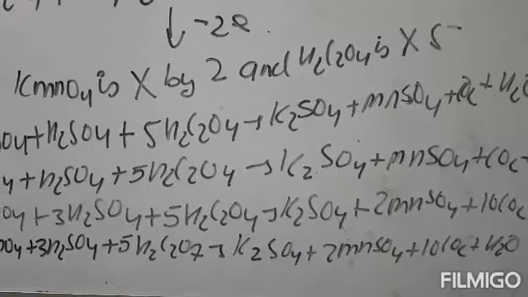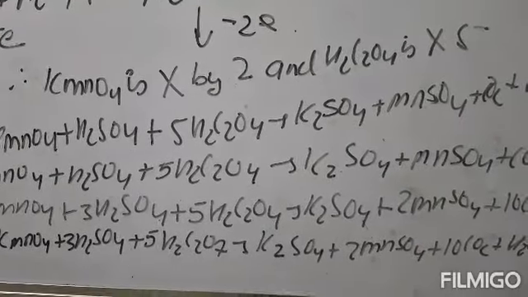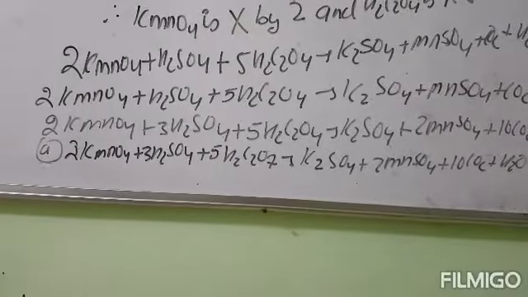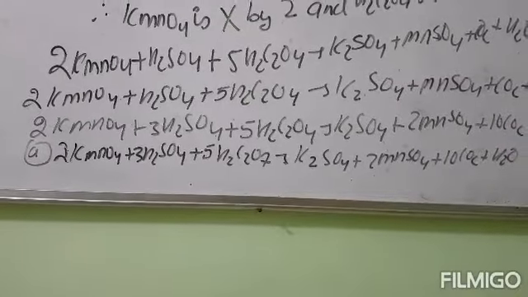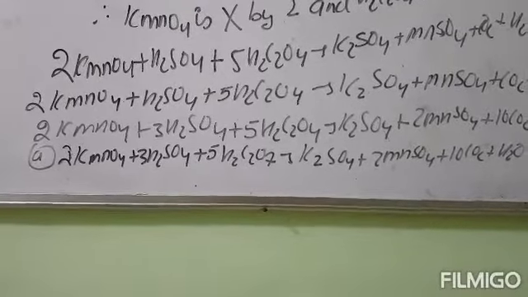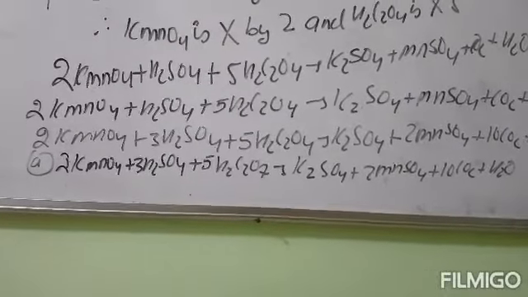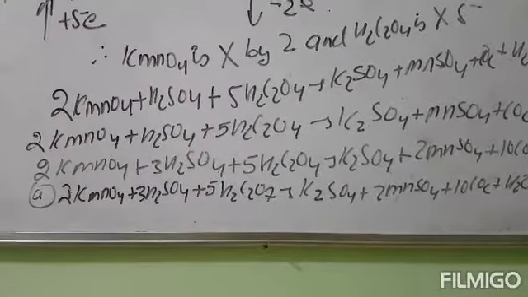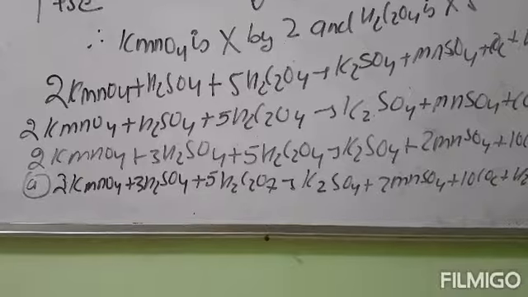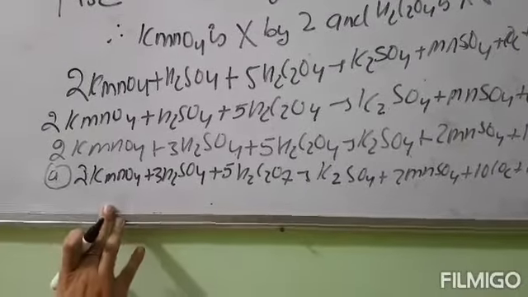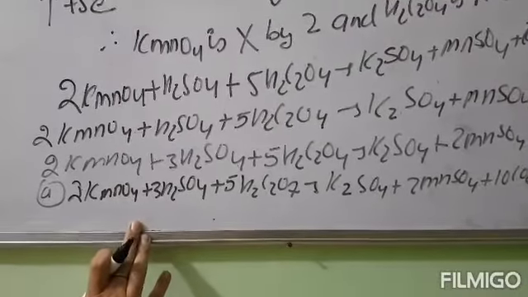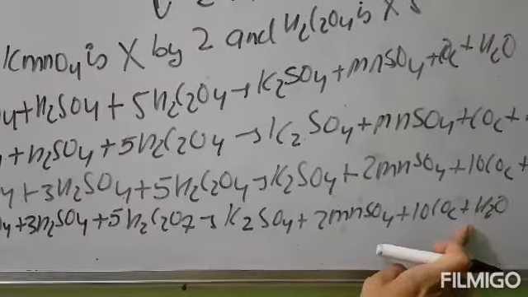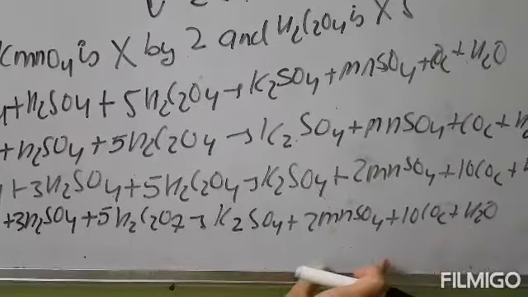Now the oxygen atoms of sulfate are balanced. The water molecules are increased by 7 to become 8, because there is only one water molecule here, so we add 7 water molecules.